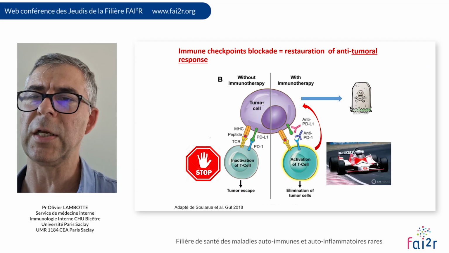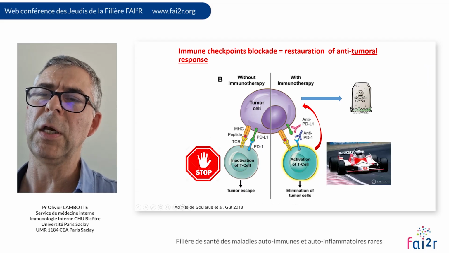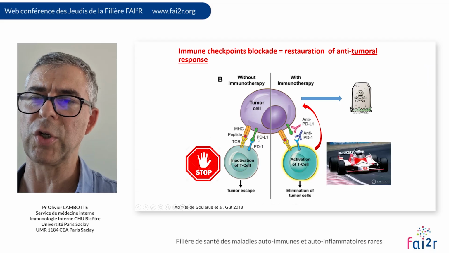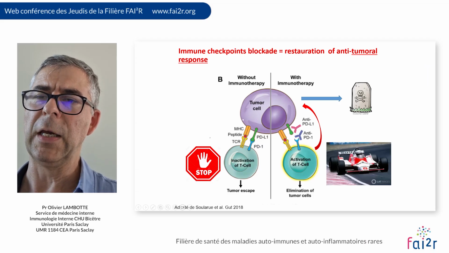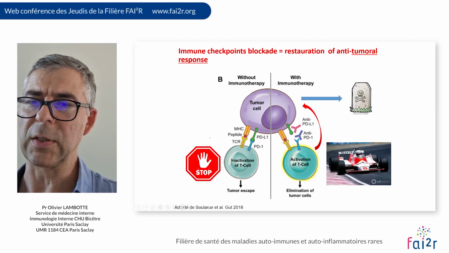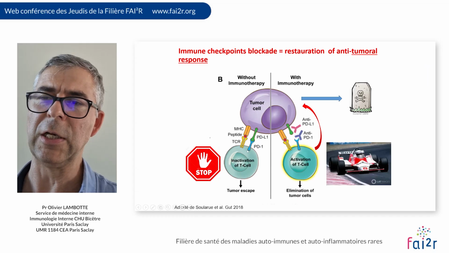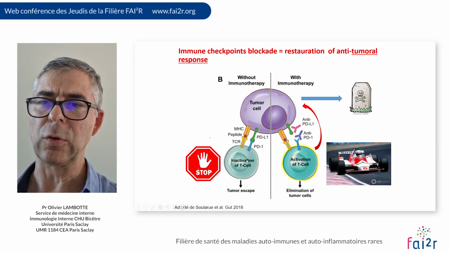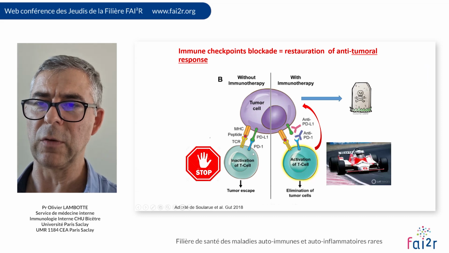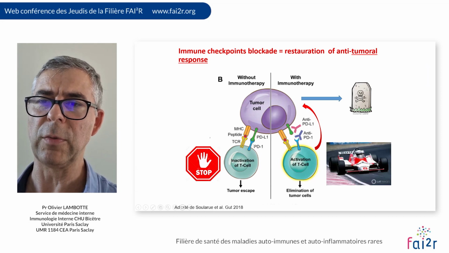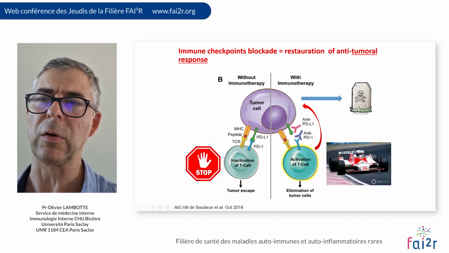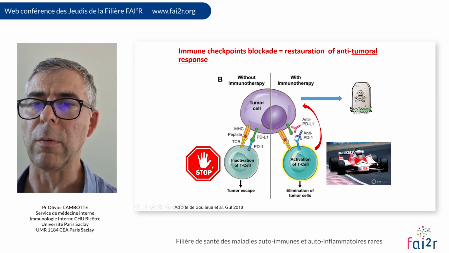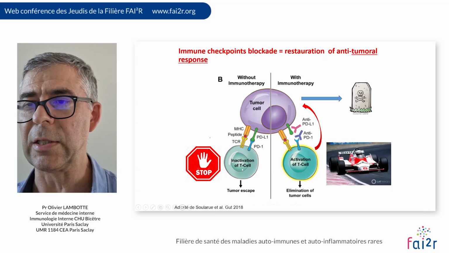In the setting of cancer, you have this scheme. You have the cancer cell here in violet, which expresses some ligands of immune checkpoints, such as PD ligand 1. And when the anti-cancer T cell arrives into the tumor, it is an activated cell, so it expresses PD-1 on its surface, but you have the interaction between PD-1 and PD-L1, and the cancer cells deliver a stop message to the T cells.